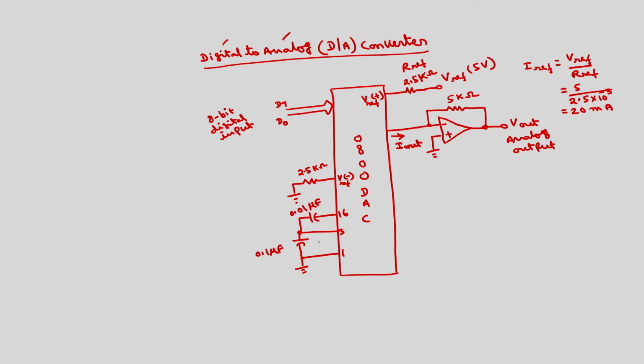These are basically used for removing noise, and here this will be given to minus 12 volts. And we require a VCC and ground. So this is the VCC pin, this is the ground pin. VCC can be plus 5 volts or plus 12 volts. This is a 16 pin IC in total.